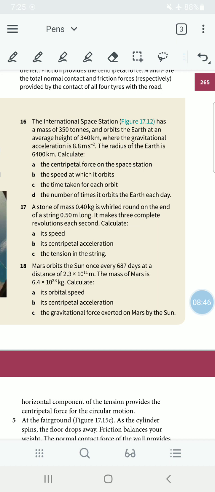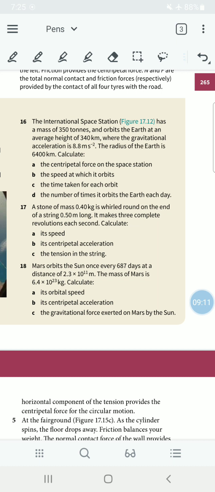So you have to use the values that they have given. And also the Earth's radius is 6,400 kilometers. But at the same time, the ISS is at a height of 340 kilometers above the surface of the Earth. So as a result, you have to add that as well to do the calculations.